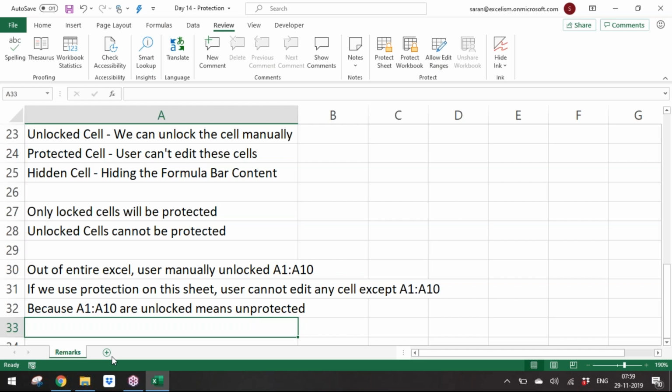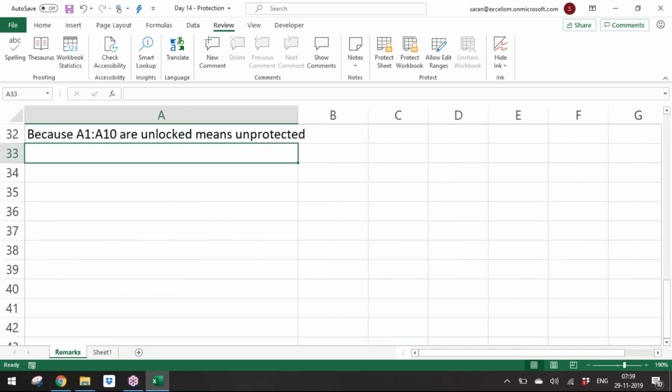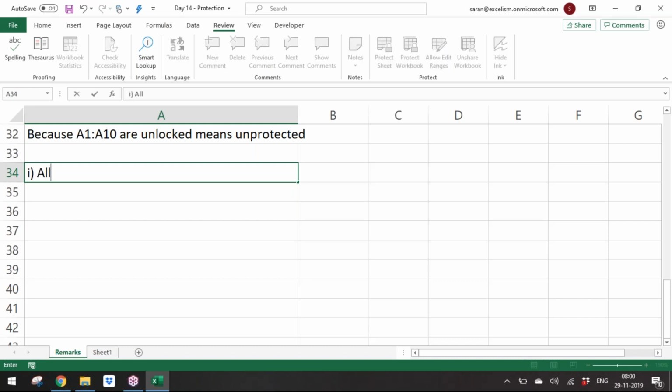Now let's go and take the case study. Now this is very good. There are again three types of protection. What are they? First, protect the cells by not allowing the user to the protected cells.